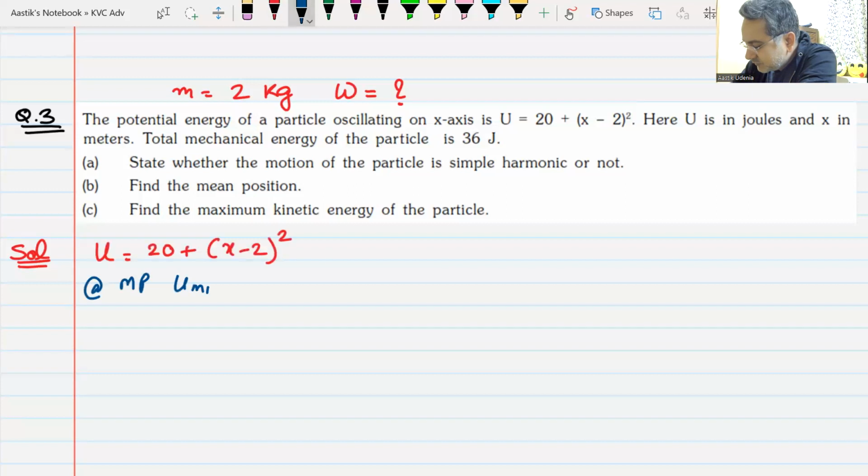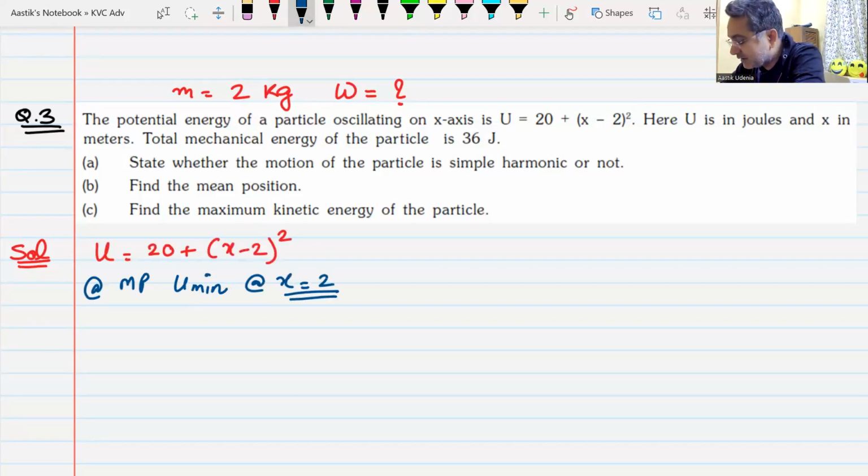Since the value of U was given in this fashion, you can easily find out that U minimum happens at x equal to 2. So you got saved by that. So the mean position happens at x equal to 2.